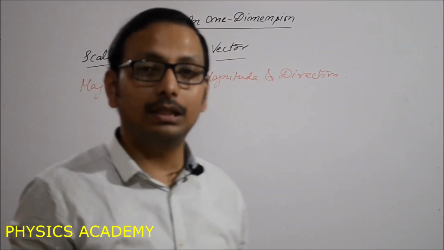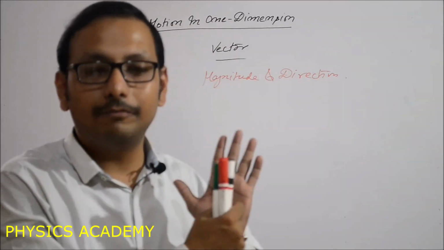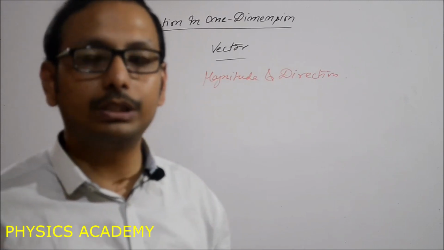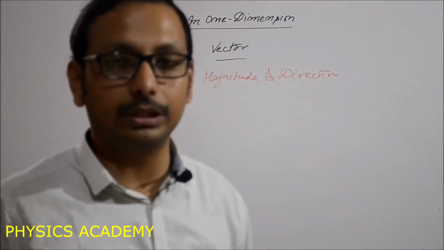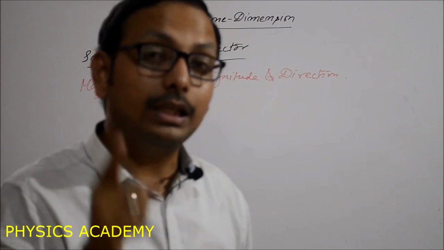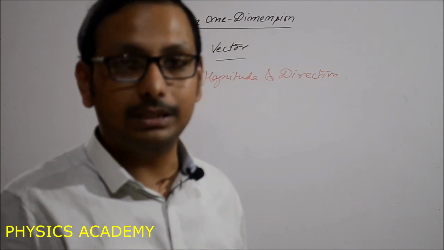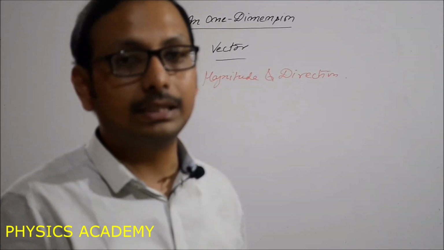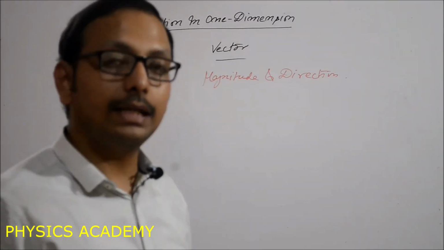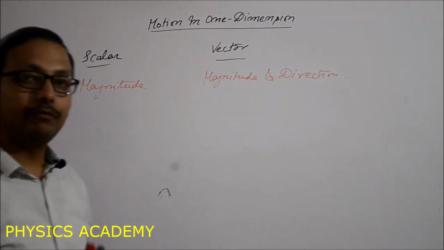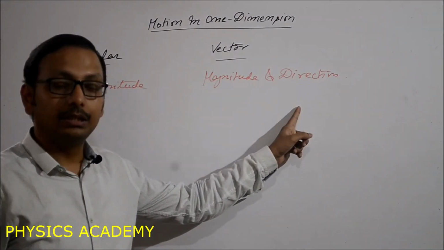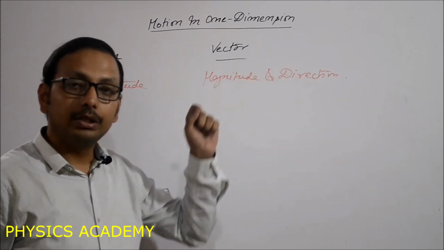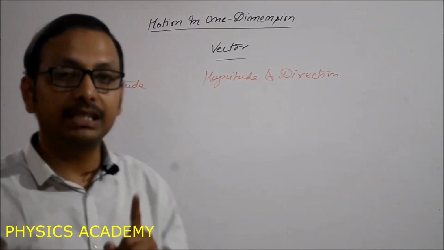Somebody will say, sir, it is there in the book, it is written for vector quantity: magnitude and direction. If any quantity has both magnitude and direction, then it is a vector quantity. That is written in your books at a very early stage, but as you come to class 9, and I have prepared you for class 9 in class 8 itself, be sure that if you write only magnitude and direction as the prerequisites of a vector quantity, you are missing a major point.